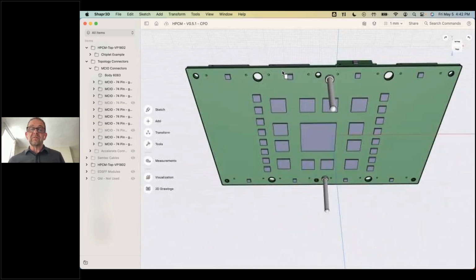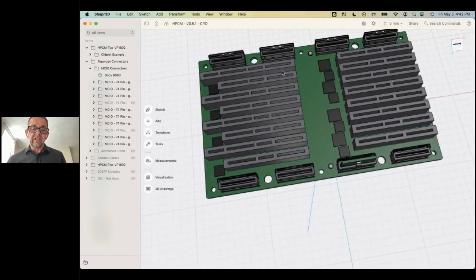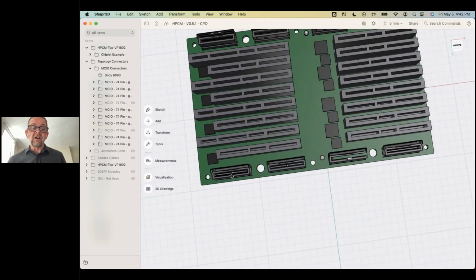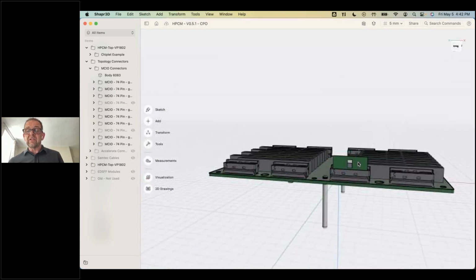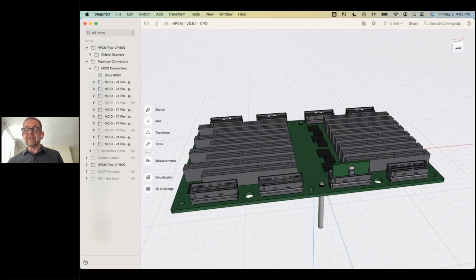And so if I just switch over now, if I go into the model, we look on the connector side, and again, you can see, now it's on the bottom here, you can see the little hole bringing the light through on these. On this one, you can see I've got a little paddle card PCB plugged in with the optics chip on there for an active optical cable. And here is just a regular electrical interconnect.